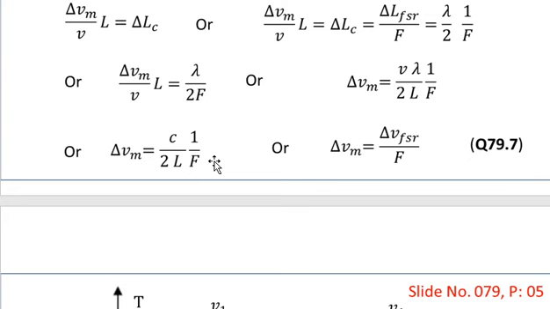So as said, according to this equation, if the separation between the two glass plates of the interferometer is increased, then delta nu m is decreased. It means that the resolution of the interferometer is improved, that is, you can still resolve the two frequencies which are lying close to each other, that is, the peaks are separable.